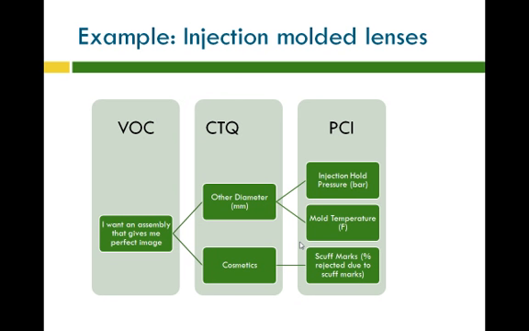So outer diameter may be a CTQ in millimeters. Now the PCI that controls the outer diameter would be the injection hold pressure, for example in bar, or the mold temperature in Fahrenheit. So those are your PCIs. Another CTQ may be cosmetics: no smudges, no fingerprints on the lenses. PCIs may be scuff marks, where you keep track of the percentage of rejected parts due to scuff marks.